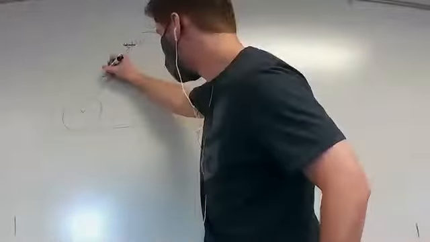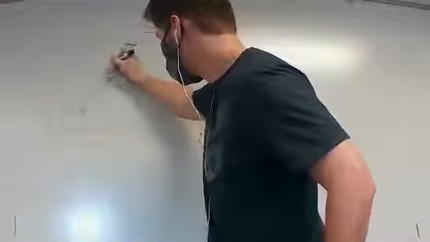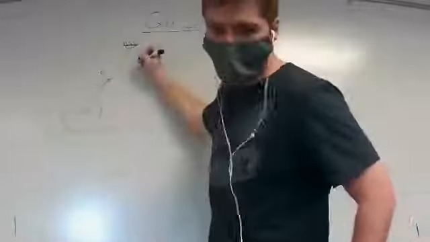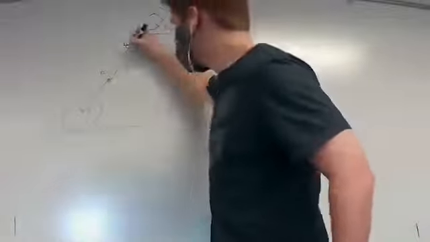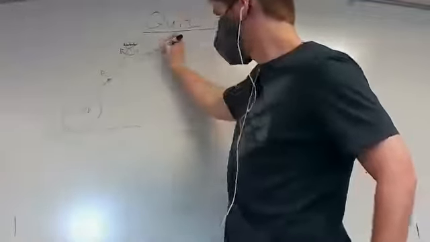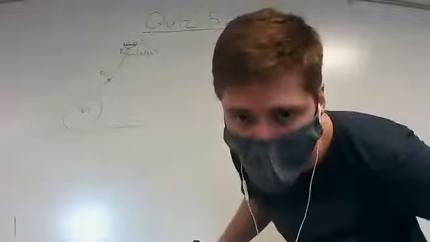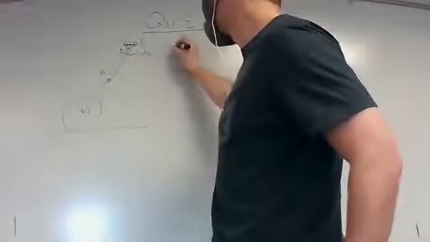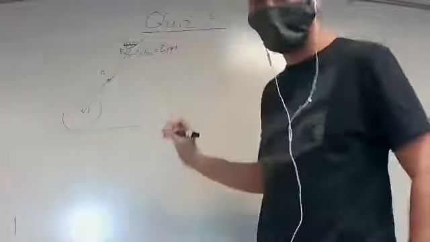So we are given, this is B. Here we have A. And we're given that omega BC is equal to 2 radians per second.